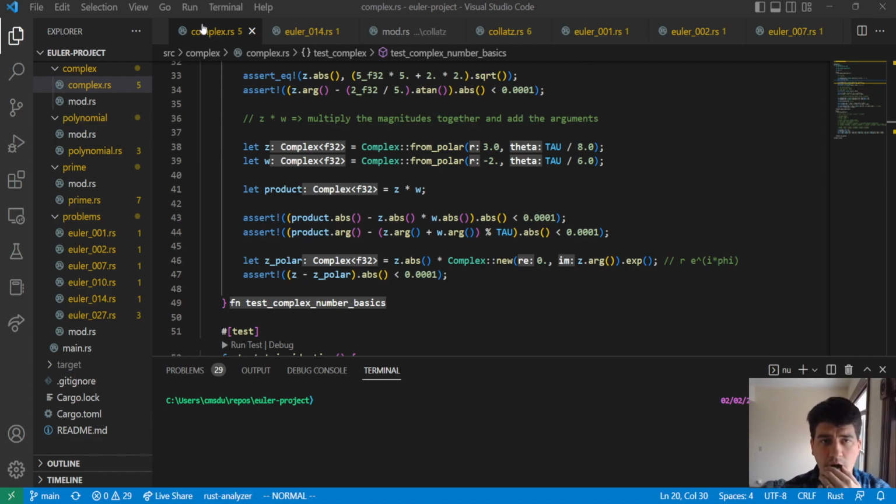How does multiplication work here? It's not coordinate-wise. Multiplication satisfies what? What does it satisfy?